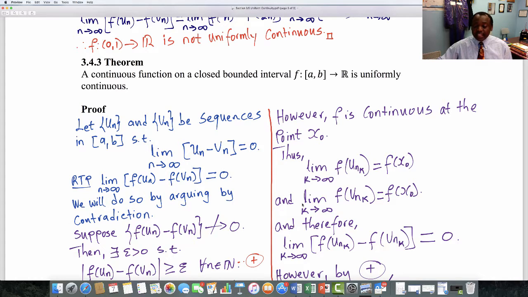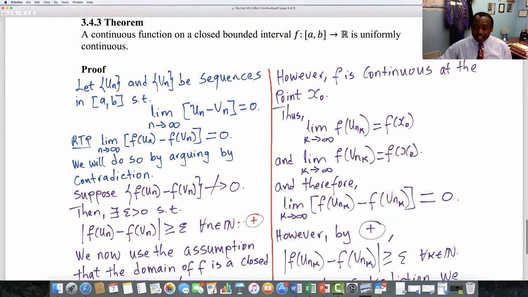And similarly, the limit as k approaches infinity of f(v_{n_k}) equals f(x_0). Therefore, the limit as k approaches infinity of f(u_{n_k}) minus f(v_{n_k}) equals 0, because each of these would equal f(x_0). That is by the sum limit theorem.